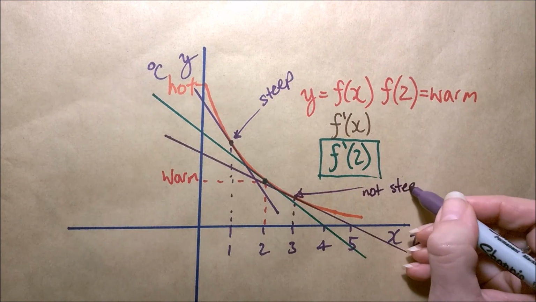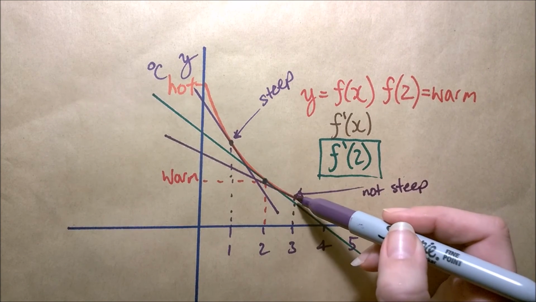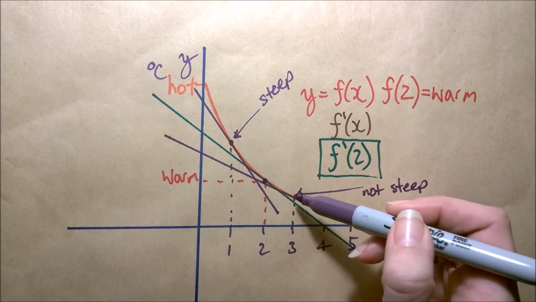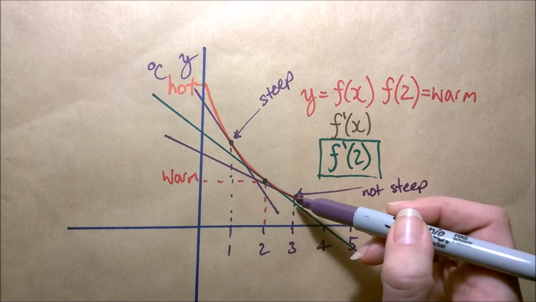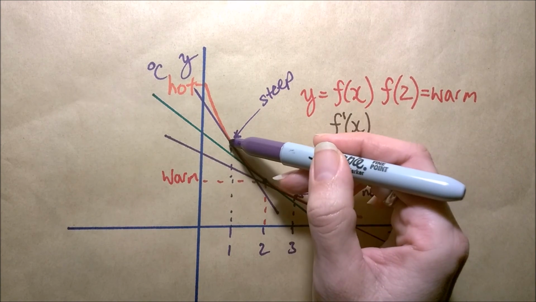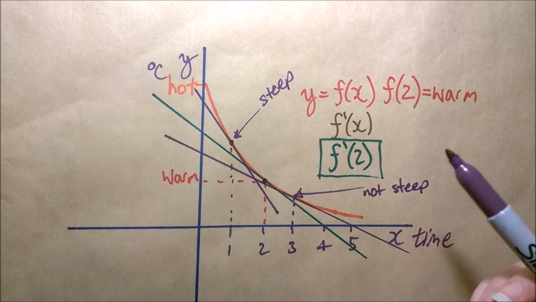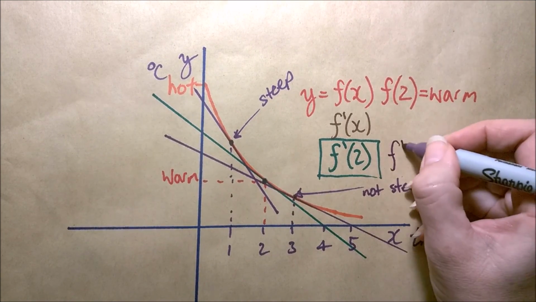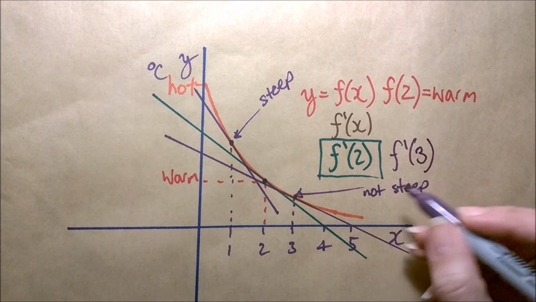So the temperature of the coffee is still cooling, and it's definitely cooler than it was here or here, but it's cooling at a lesser rate. It's not getting cooler as fast as it was up here. And we can tell that by the gradient of that line. And the gradient of that line right there is the derivative of that function at x equals 3.